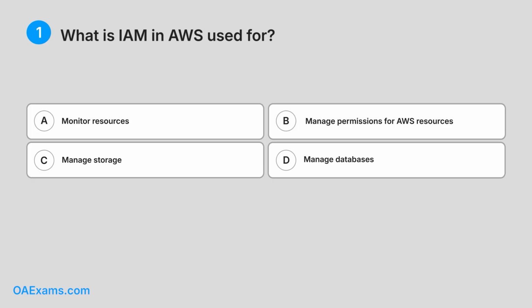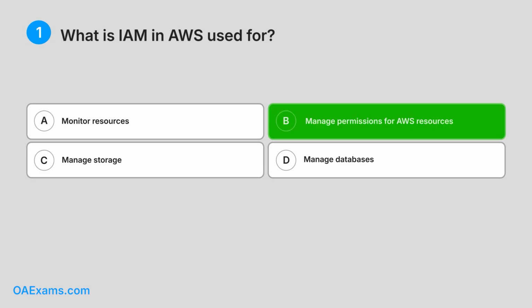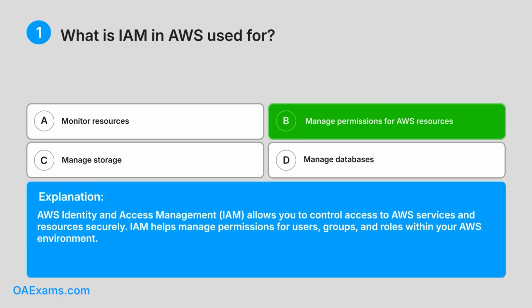Correct answer: B. Explanation: AWS Identity and Access Management, IAM, allows you to control access to AWS services and resources securely. IAM helps manage permissions for users, groups, and roles within your AWS environment.